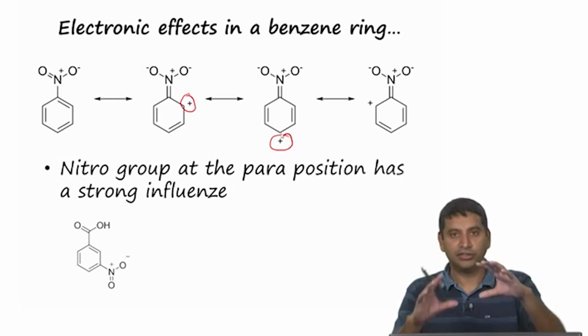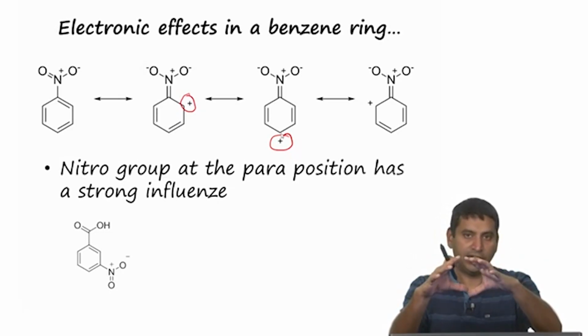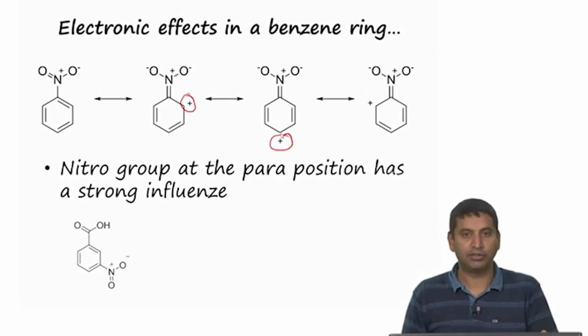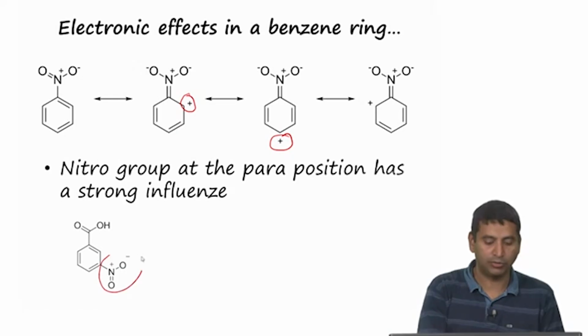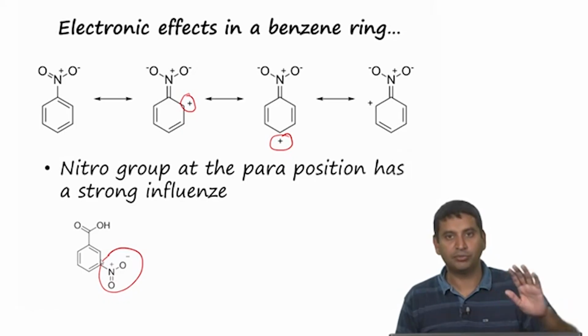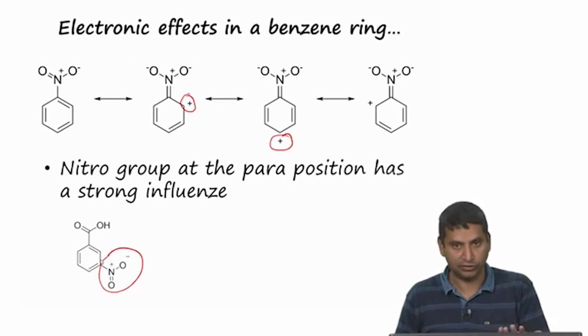So, there is a differential in the way in which the electron cloud is going to distribute itself. Similarly, when I have a nitro group in the meta position, the influence on the carboxylic acid is far lesser than when I have it in the para position. These are concepts that we have studied previously in our organic chemistry courses, so I am not going to repeat them at this point.